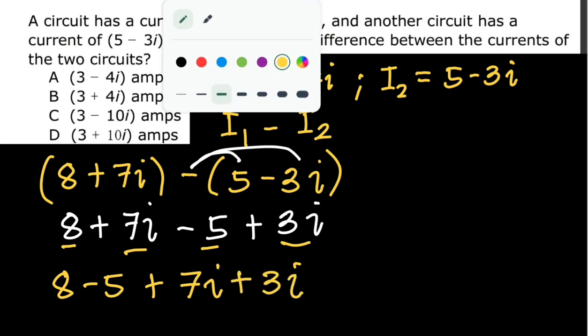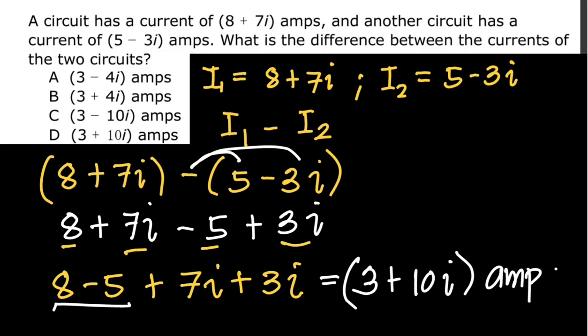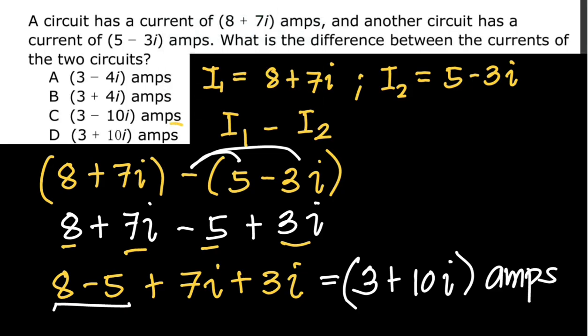Then we simplify them. 8 minus 5 is 3, then 7i plus 3i is 10i. Therefore, the difference between the given two currents is just 3 plus 10i amps. And that is letter D.